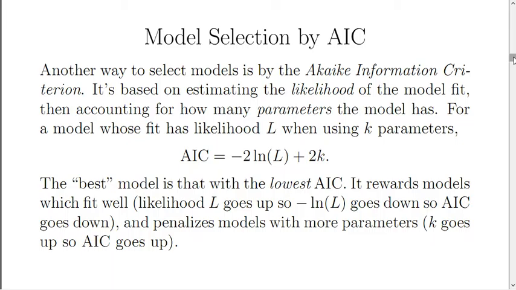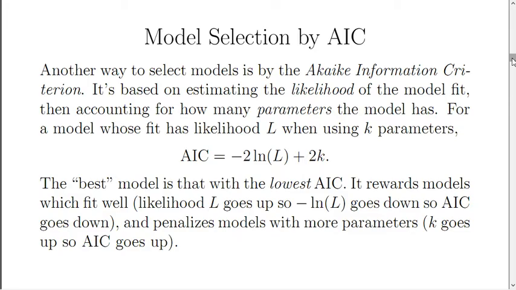Akaike Information Criterion. It's based on estimating the likelihood of the model fit, and then taking into account how many parameters the model has. If we have a model fit where the fit has a likelihood L, when it's using K parameters, the Akaike Information Criterion is -2 times the logarithm of L plus 2 times K, the number of parameters.